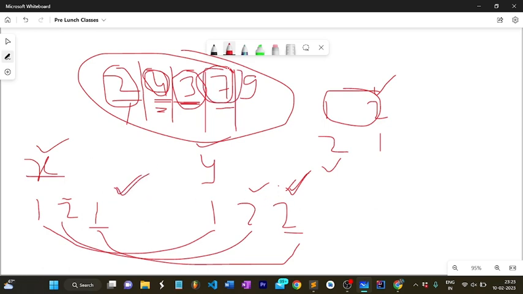Like here 7, we can divide 7 as 4 and 3. So you can see that here we have divided 7 as 4 and 3 by keeping one extra number on this side. Previously we have taken one extra number on this side, and this time we have taken one extra on this side. So they will cancel each other after taking the difference. So the difference between the sum of digits should be 0.